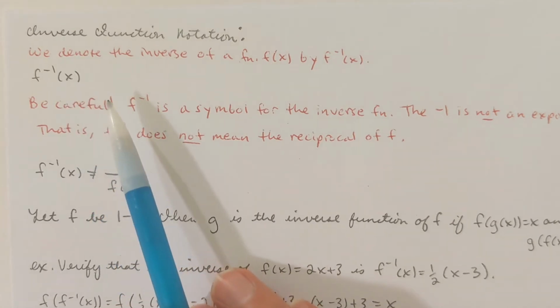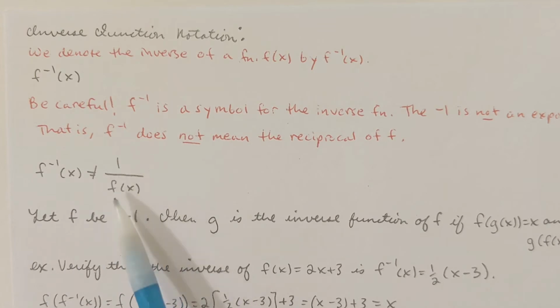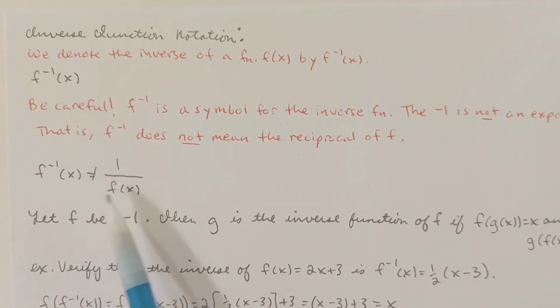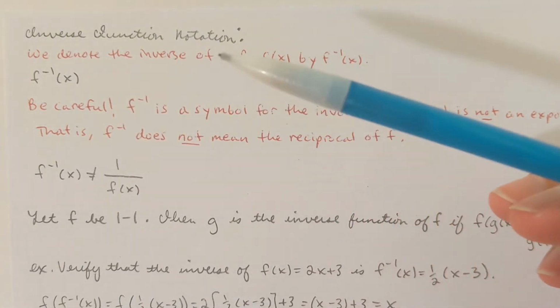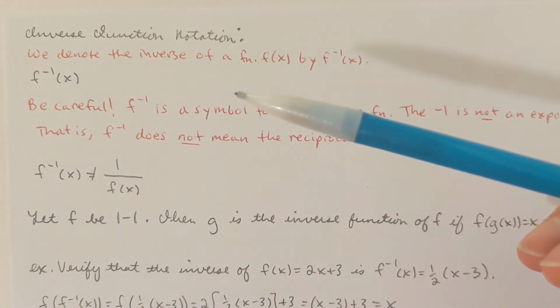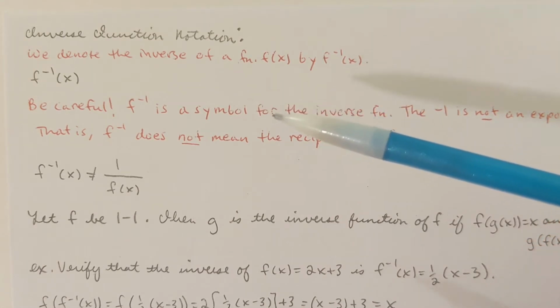That would be f to the -1 power. f to the -1 power is the same as 1 over f. And that's not at all what we're saying here in this notation. So f inverse of x, the -1, meaning the word inverse, is just strictly a notational thing to represent the word inverse.